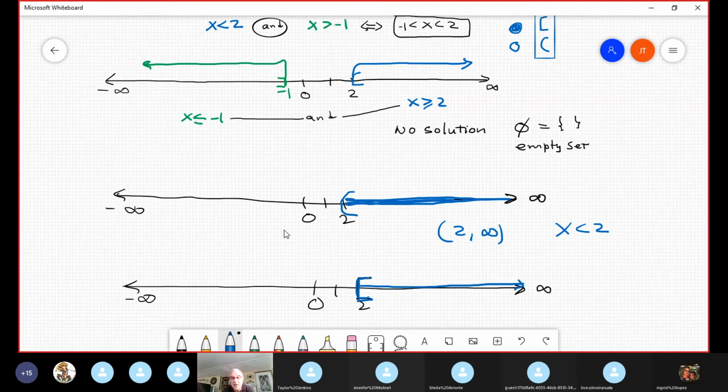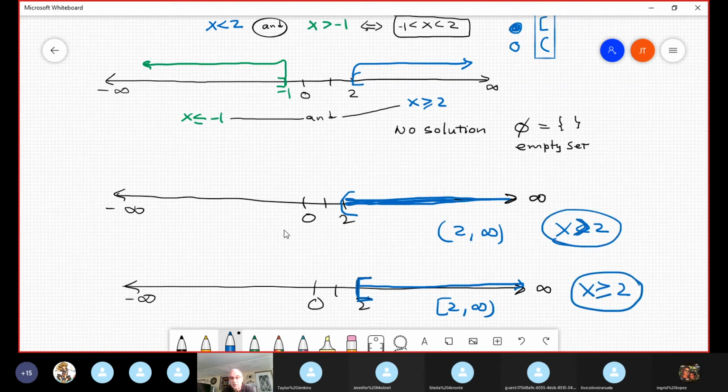The symbolic way is bracket 2, comma, infinity. And the interpretation is x greater than or equal to. So in few words, when the interval includes the endpoint, bracket. How do you know it includes? Because it's equal. No equal, parenthesis. End of the story. End of question.